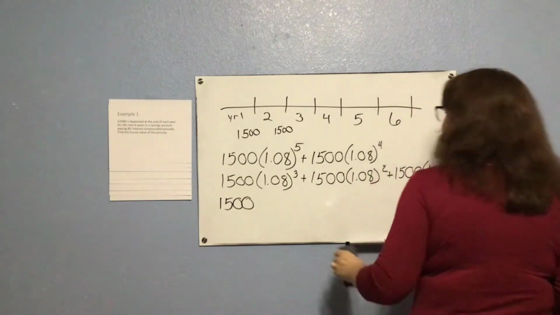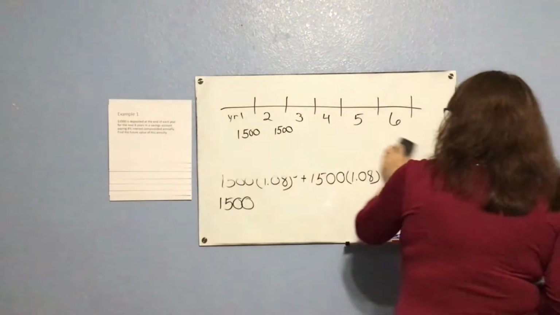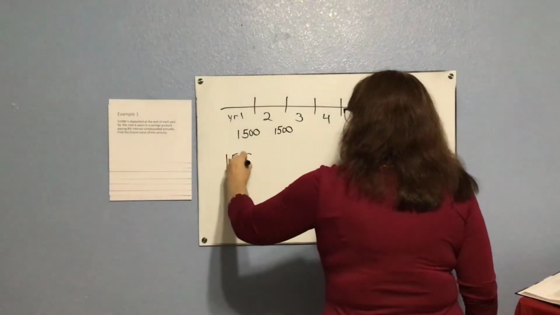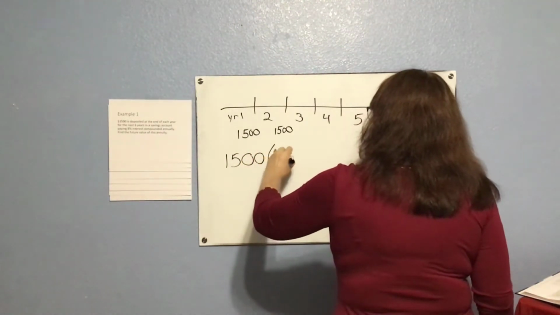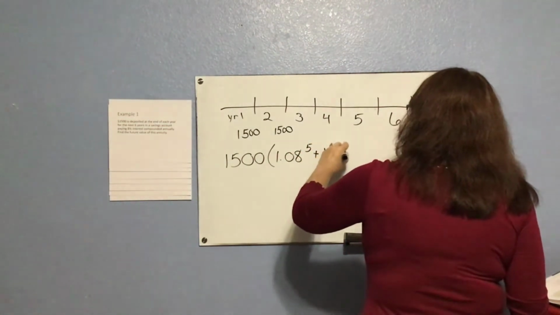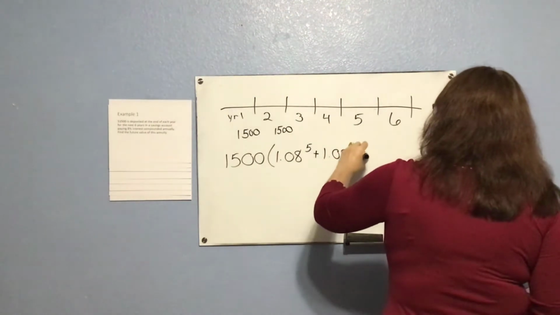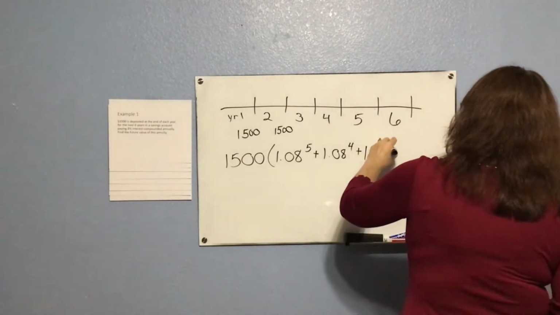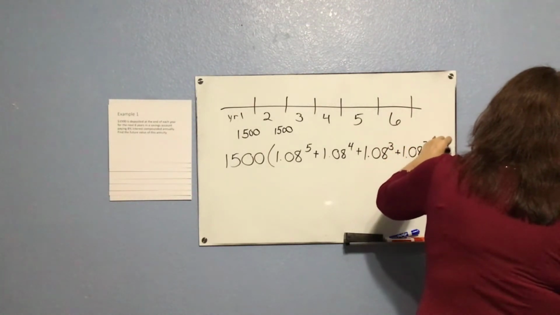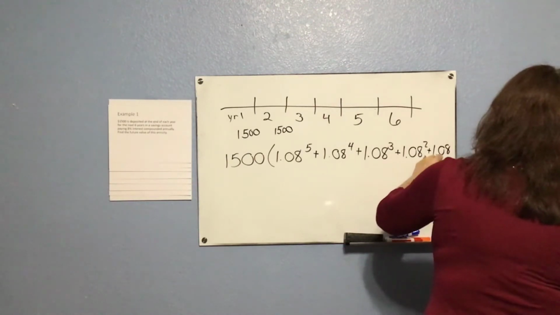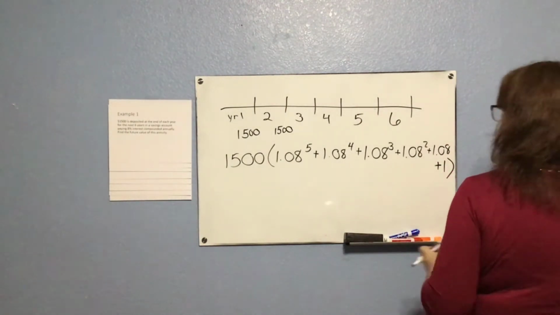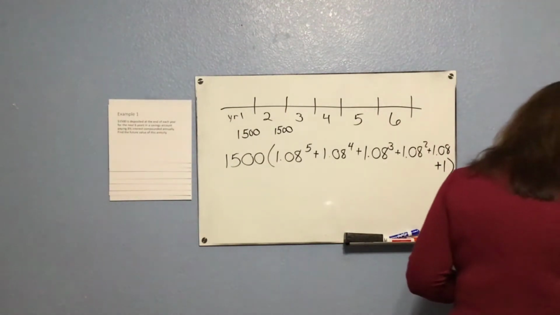So I could consolidate this by just taking the 1,500 out of each term. I'm going to have 1.08 to the 5th plus 1.08 to the 4th, and so on. And then there would be a plus 1 at the end for that last year that doesn't earn interest. Okay, now let's look at the algebraic fact that we had before.